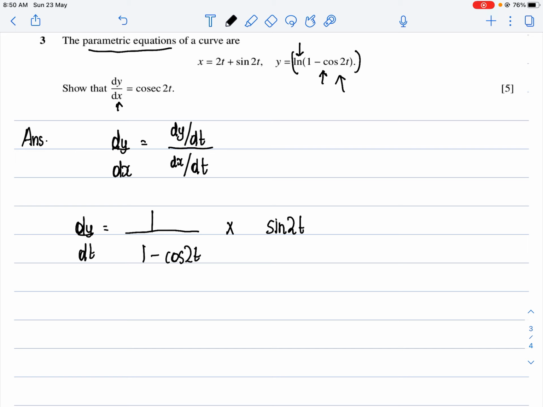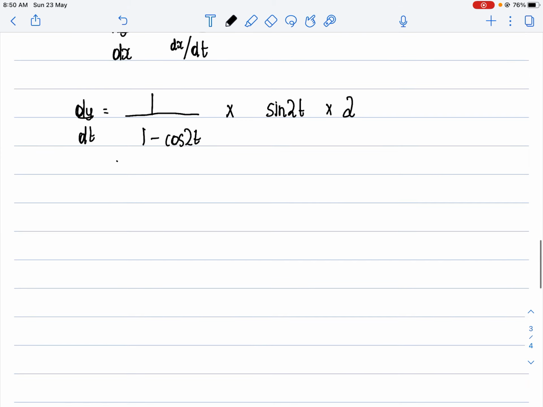But now there's another inner bracket of 2t, so we multiply by the differentiation of 2t also, which is 2. So I can write this as 2 sine 2t over 1 minus cos 2t.